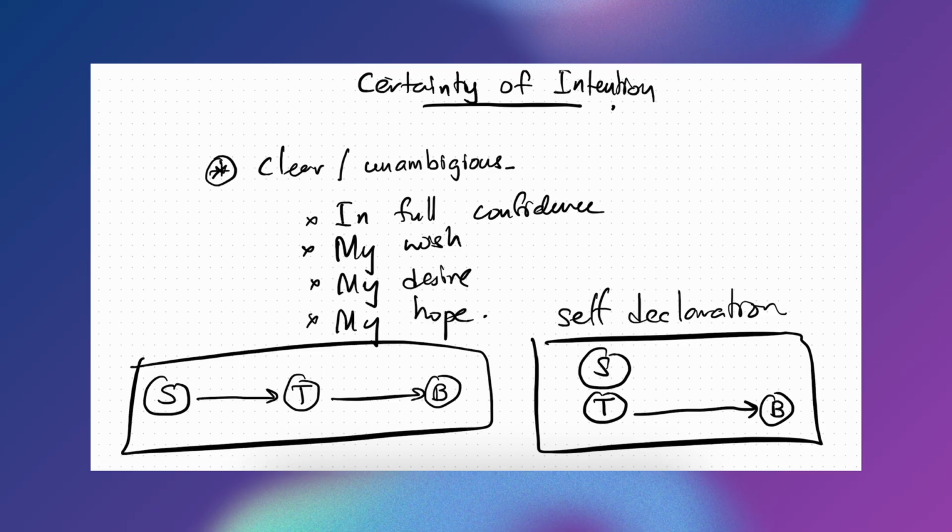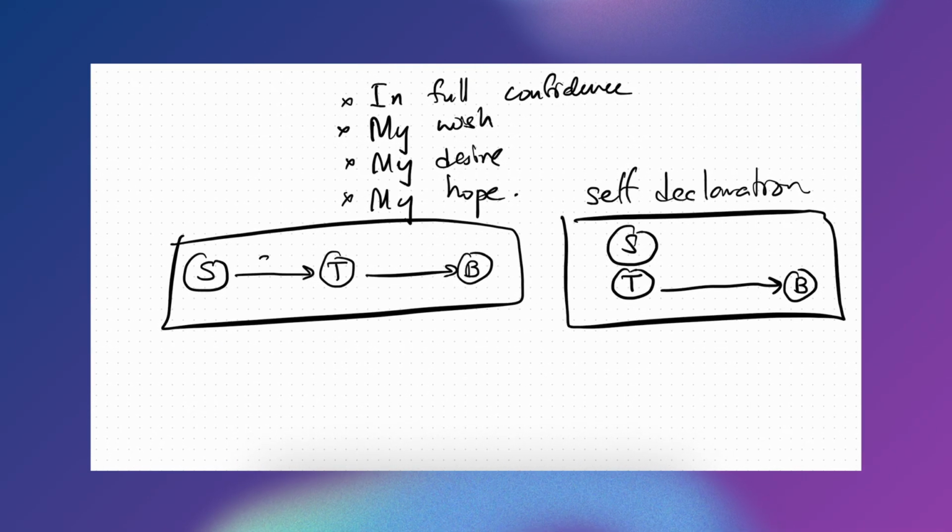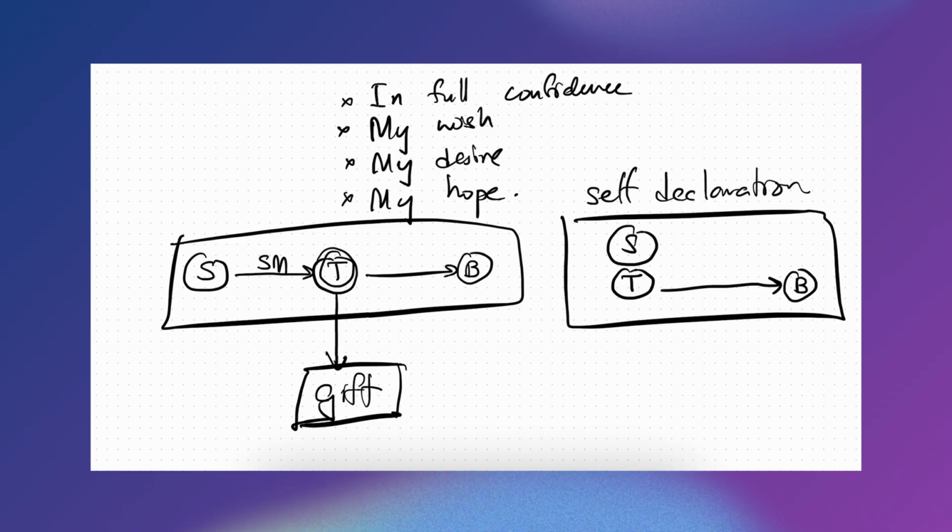If there is no certainty of intention, the courts will say that there is no valid trust. So the subject matter that has been transferred to the trustee can be kept by the trustee as a gift given to the trustee. For example, if I give you some property and I tell you to hold it for X, then you have no choice but to hold it for X. But if I give you some property and say it is my wish that you give this to X, it suggests to you that you have a choice.